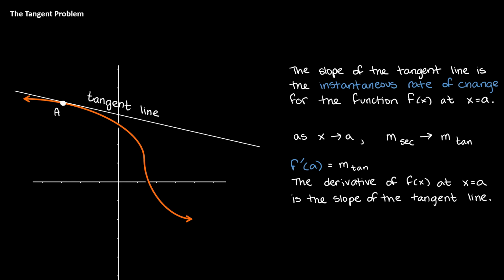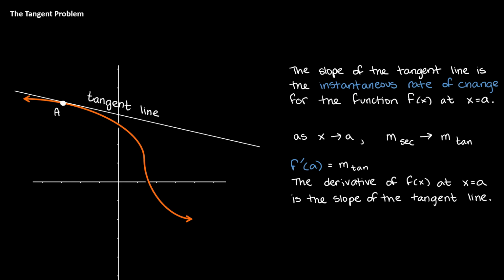Now we've got some notation here that we should talk about. For a function f, the slope of the tangent line is f prime. And we used to use m to represent slope, but m really is attached to linear functions. So we're going to switch over to this f prime notation. But if you'd like, you can use m with a subscript tan, signifying slope of the tangent line.